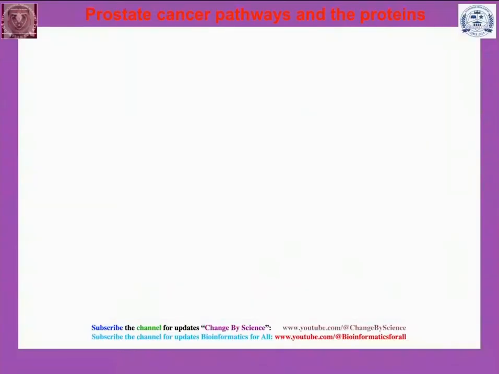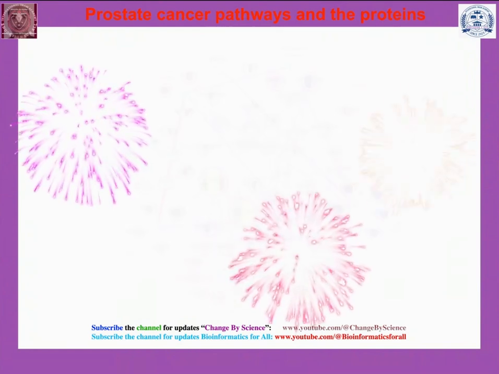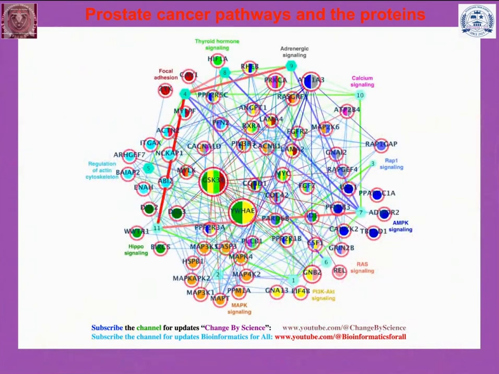Now I am going to explain these combined pathway network and pathway components networks. The groups of different colors are representing a specific pathway. For example, this cyan color is representing exclusively the regulation of actin cytoskeleton, and the number is representing the pathway index or pathway number.